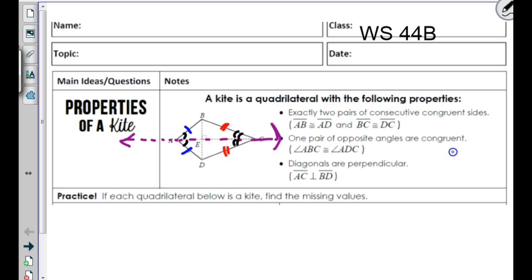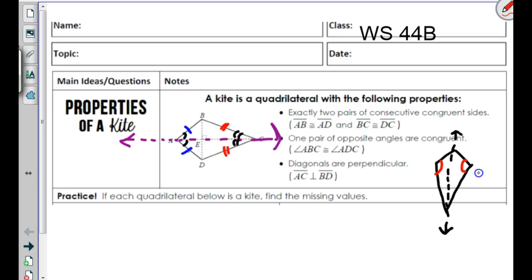The other thing that is true, I'm going to draw another kite over here, is that because there's a line of symmetry again, oh, that's badly drawn, but you get the idea. Because there's a line of symmetry, there's also these two angles before we drew in the diagonal were equal to each other.